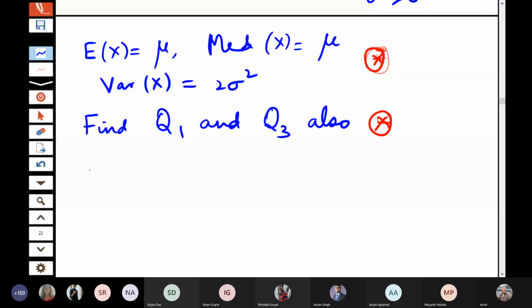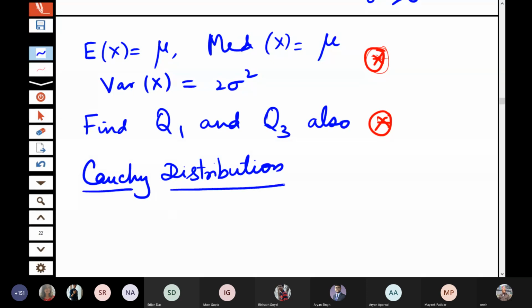Let me take another distribution, which is again quite well known. It is the Cauchy distribution. One of the forms of the Cauchy distribution I gave you earlier, that is 1 by pi, 1 by 1 plus x square.